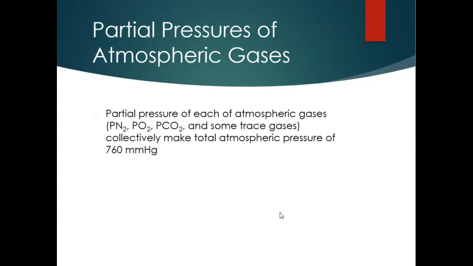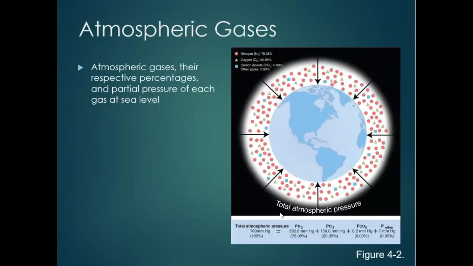So I can do that calculation with any of the atmospheric gases, right? I can figure out the partial pressure of nitrogen, oxygen, carbon dioxide, and even the trace gases if I know that specific concentration. So if you're looking at the pictures in your book, they say nitrogen makes up about 78% of the atmospheric gases.